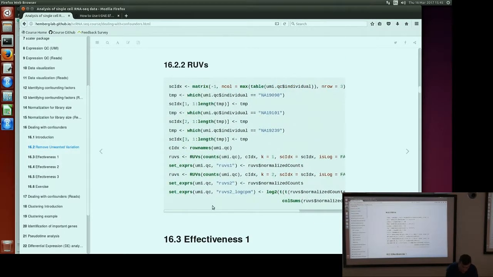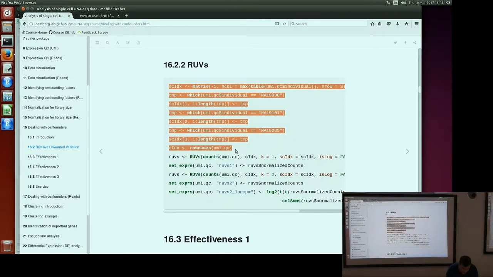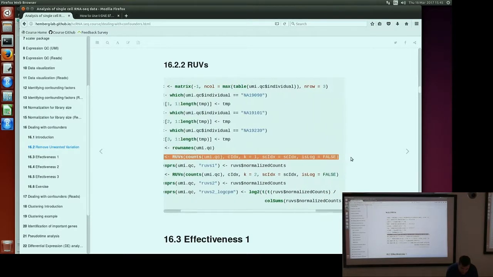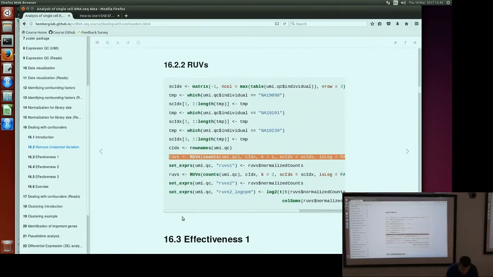Using RUVs is slightly more complicated in this case, and so if we ignore this mess for a second, and instead look at the RUVs command, we can see in these arguments that we need to supply it with the count matrix, as previously, a nominated value for K, and a cIdx, which is the row names, so essentially the gene names.